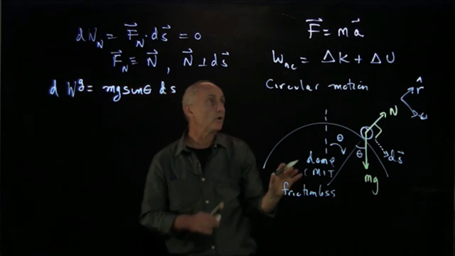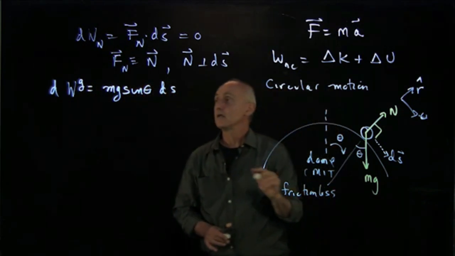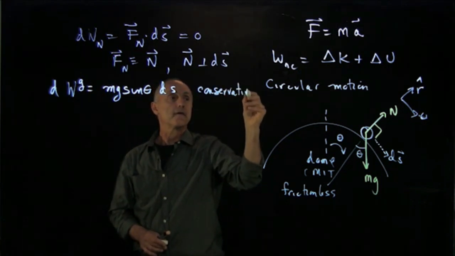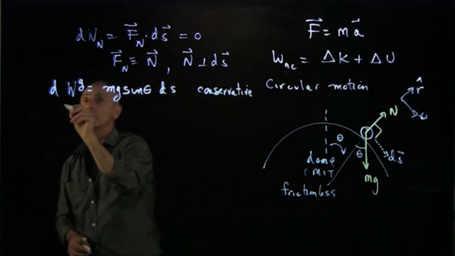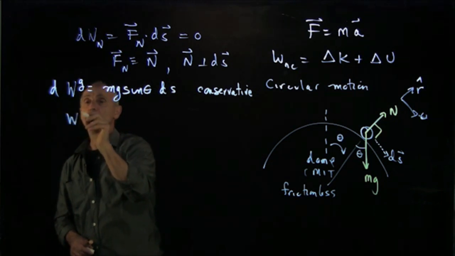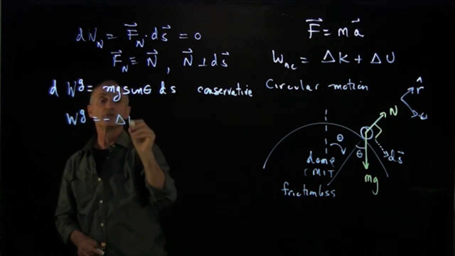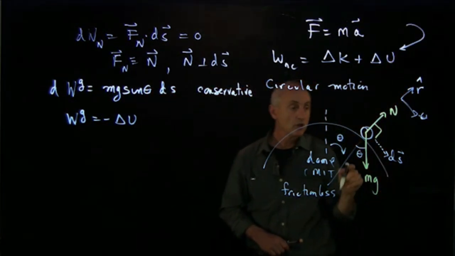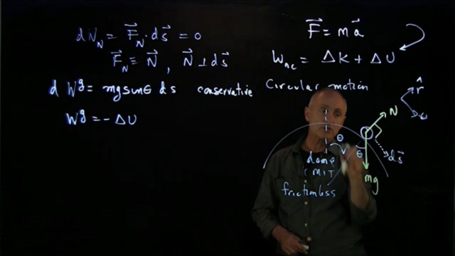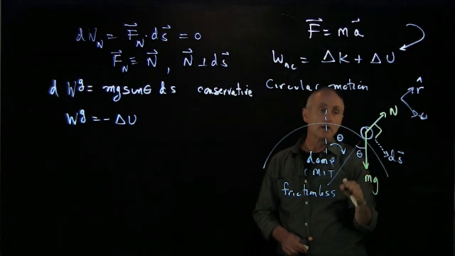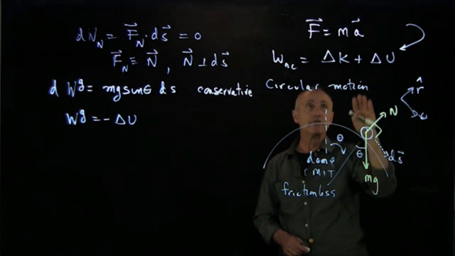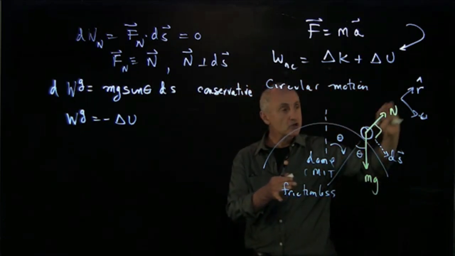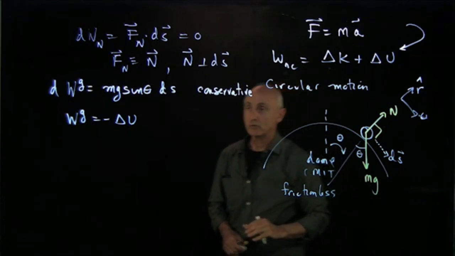So the only work that's appearing here, and this is conservative, and so when we integrated this work and got that the work done by the gravitational force is minus the change in potential energy, that's showing up here. So the part of the force that's in the direction of the motion is giving us the energy condition, but we're losing all information about the forces in the radial direction.